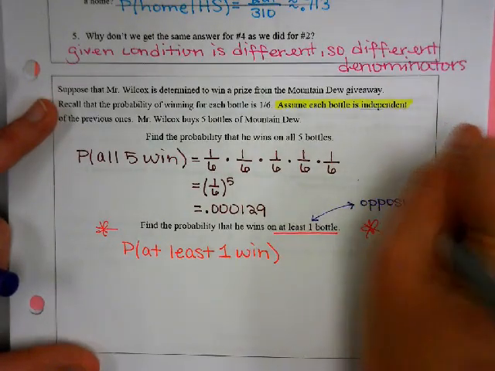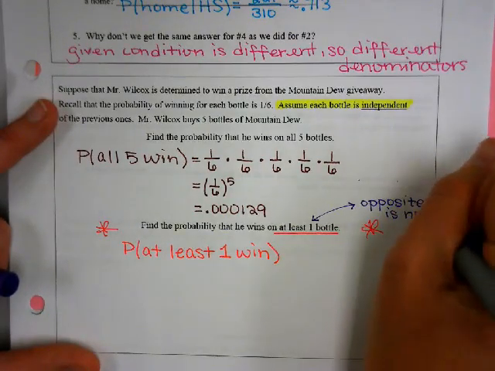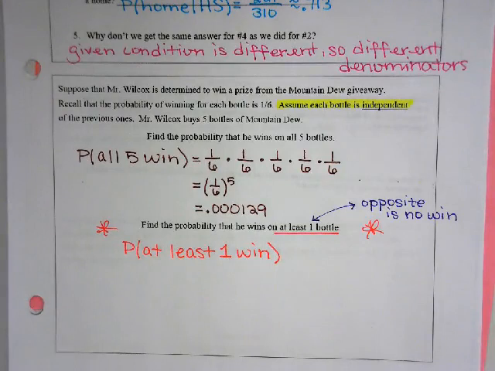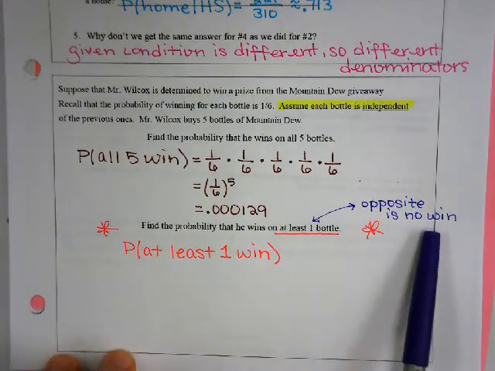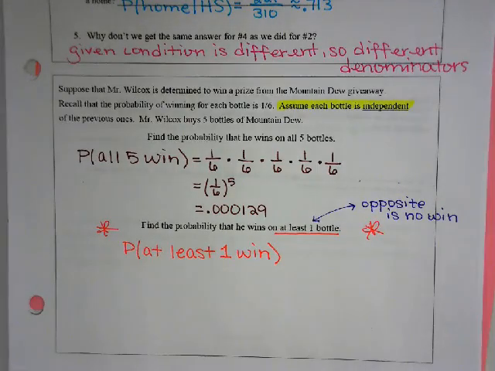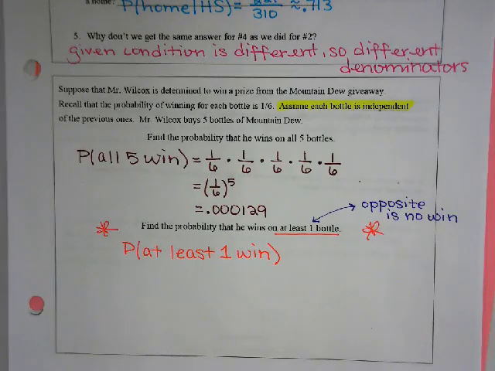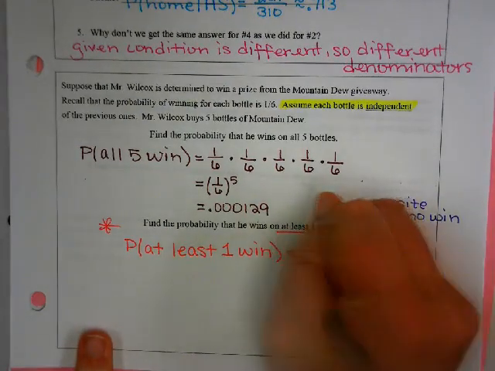So if we can figure out the probability that none of the bottles are winners, that's the opposite, and we have a rule that tells us how to find the complement or the opposite. So the probability of at least one win uses the complement rule. So we're going to do 1 minus the probability of no winners.